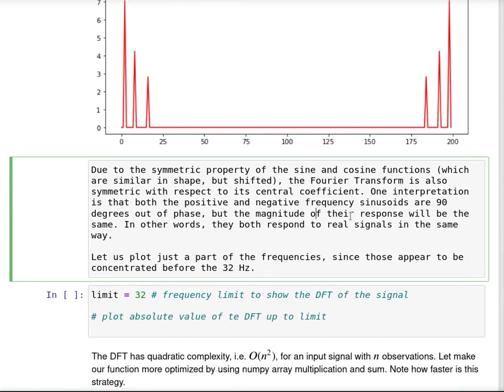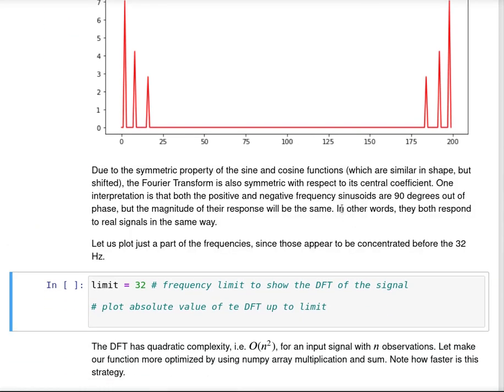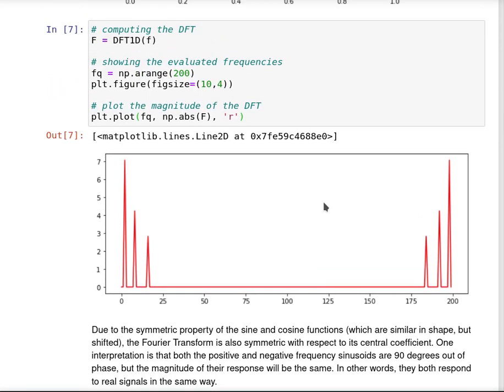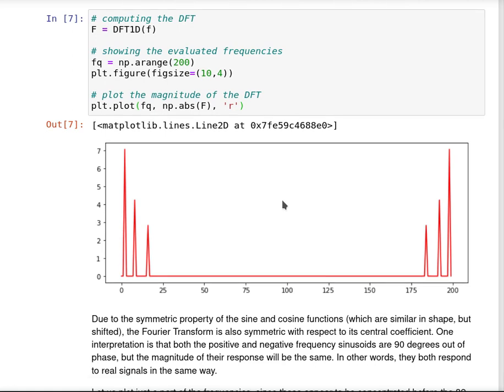So in other words, when we have a vector or any function with n observations, what we are able to really analyze is up to a frequency of n over 2.